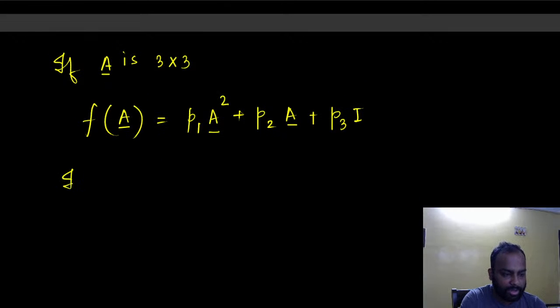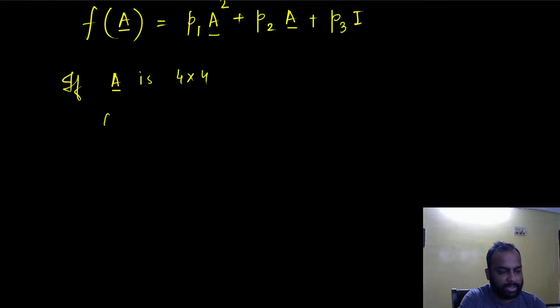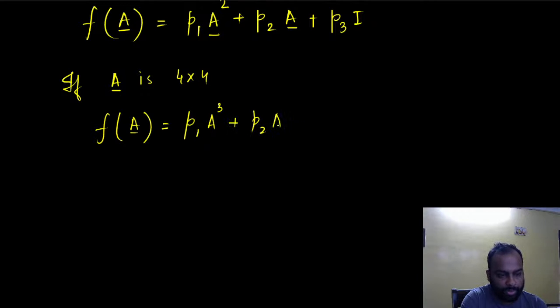Similarly, if a is 4 cross 4, again, this is just what we get from the Cayley-Hamilton theorem. This is always going to be p1 a cubed plus p2 a square plus p3 a plus p4 I. That's always going to be true. So we can calculate any function of a by using these.